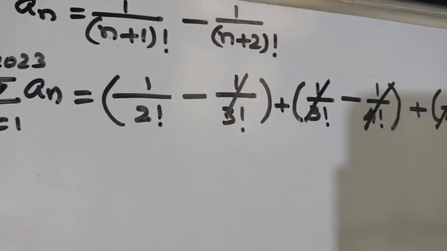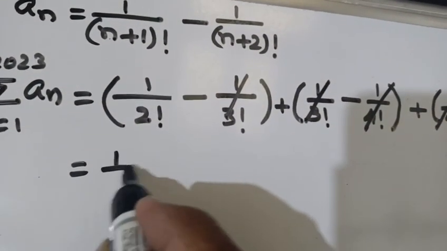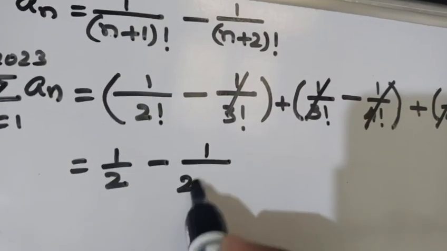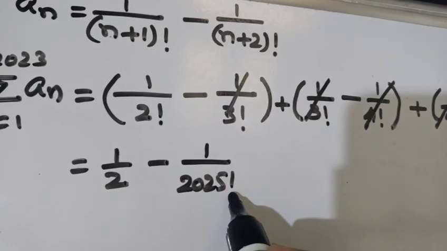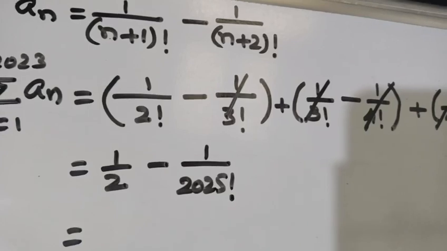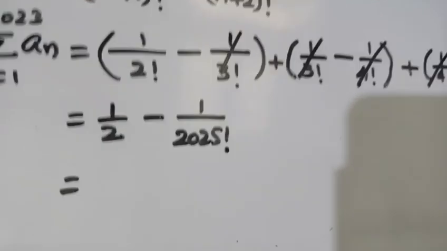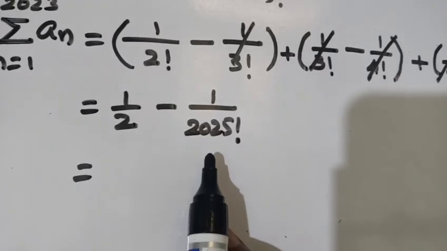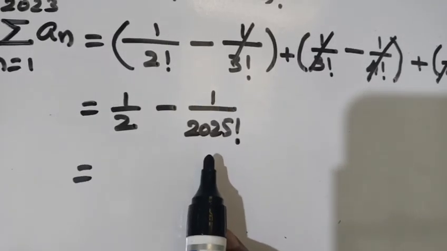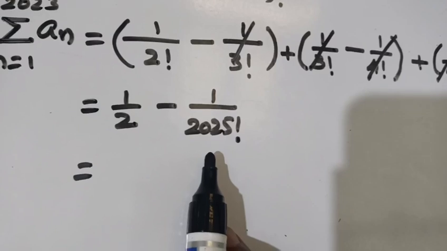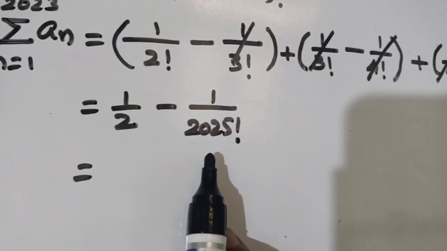The two terms are 1 by 2 factorial, which is 1 by 2, minus 1 by 2025 factorial. Imagine it. Try to get the value of 2025 factorial. When the number increases, the factorial value of the number rapidly increases. 1 factorial is 1, 2 factorial is 2, 3 factorial is 6, 4 factorial is 24, 5 factorial is 120, and 6 factorial is 720.